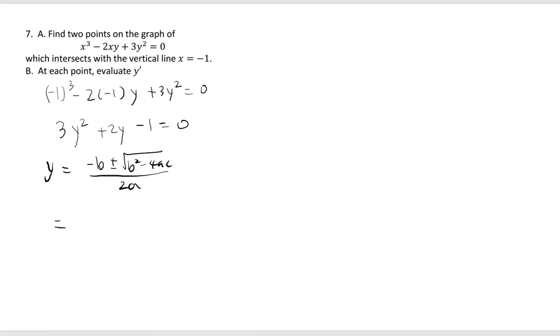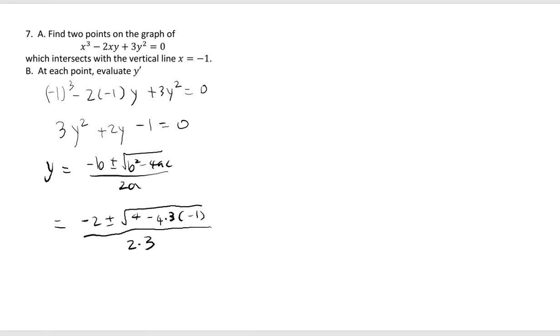And in our case, b is 2, 2 squared is 4, 4 times a is 3, whereas c is negative 1, all over twice of 3.